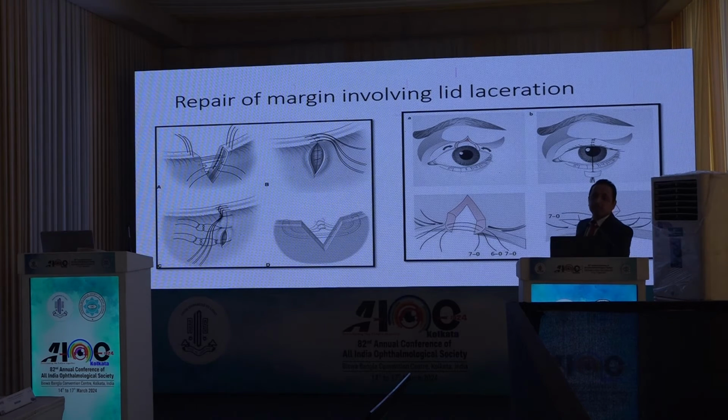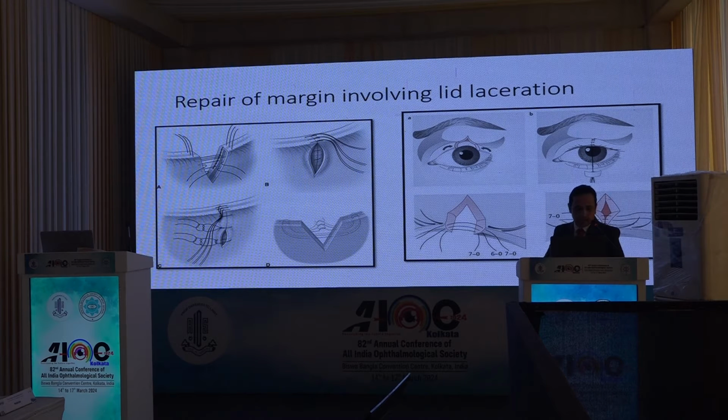The classic technique for repair of a lid margin laceration involves the use of 3 non-absorbable 6/0 sutures, classically placed in this fashion through the posterior lid margin, the gray line, and the anterior lid margin, with further repair done, and the tails of the margin sutures tucked into the anterior sutures.